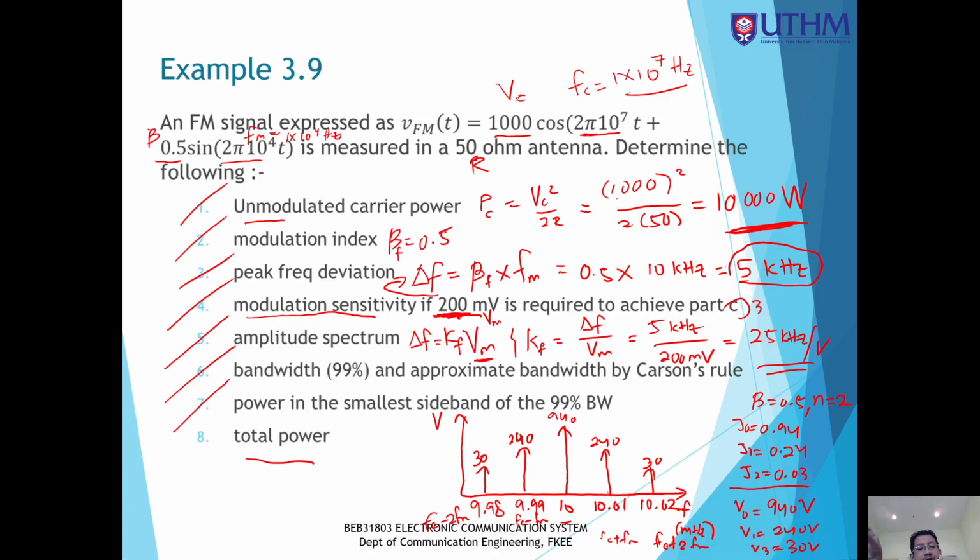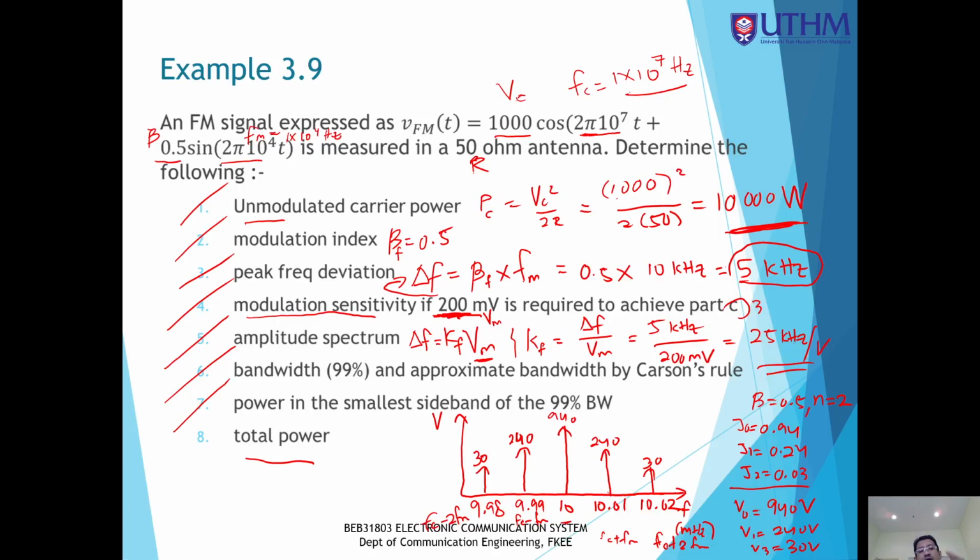That's why this question is not related to the previous. Unlike in the previous final exam, where we put the bandpass filter, so the total power is different before and after we put the bandpass filter.